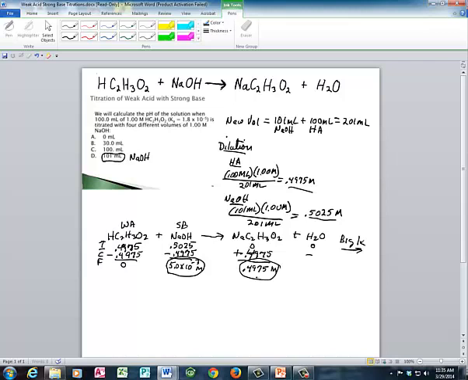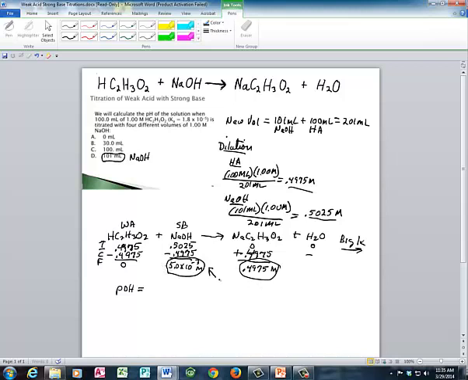What matters in this solution? Well, the truth is that this base, acetate ion, is such a weak base that it's going to have no impact on the pH of the solution if there is excess strong base. So the answer is we get the pOH directly from the concentration only of the strong base when strong base is in excess.